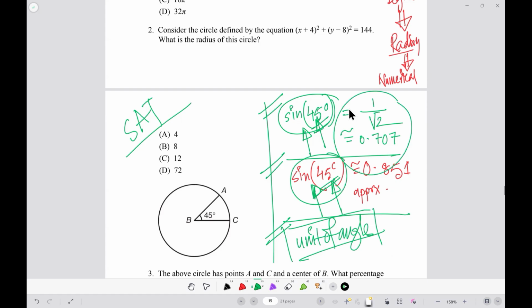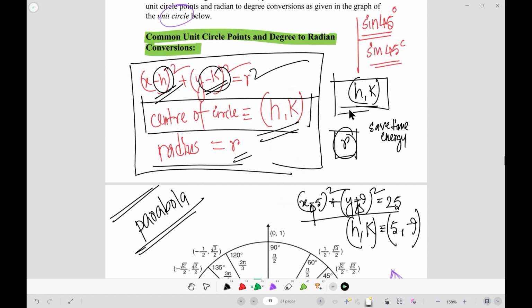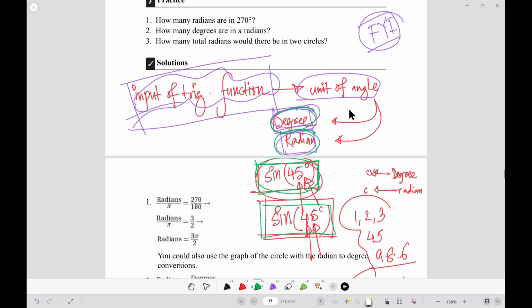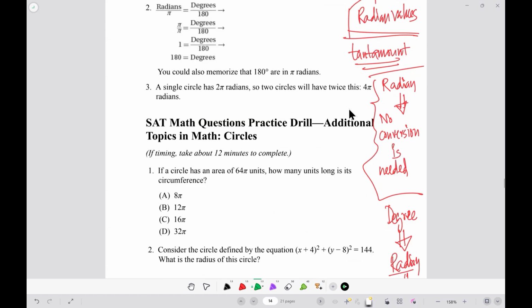I'm just giving you an example for 45 degree and 45 radian. This number 45 looks similar, but they have different outputs, because this is the radian unit and this is the degree unit. Be careful. Maybe you won't ever face something like this at the SAT, but for your information.